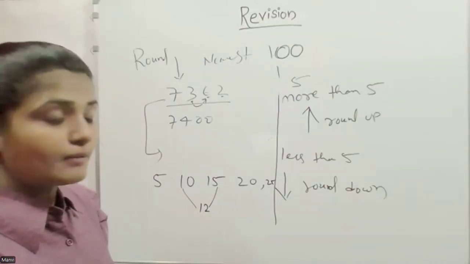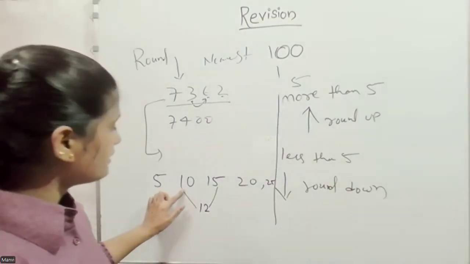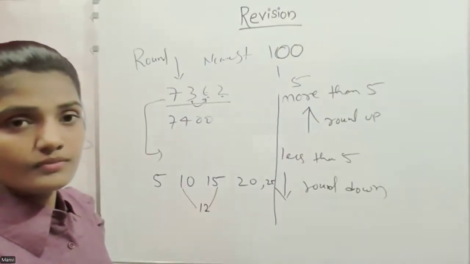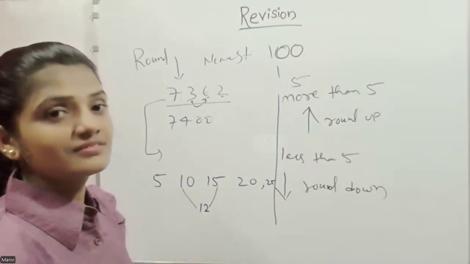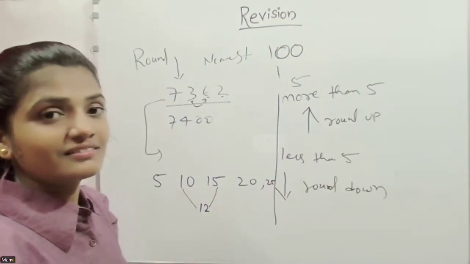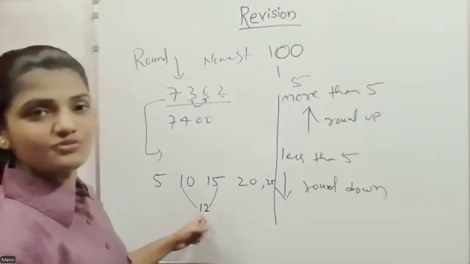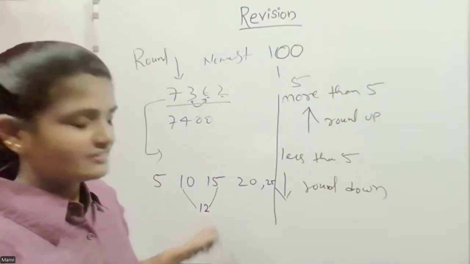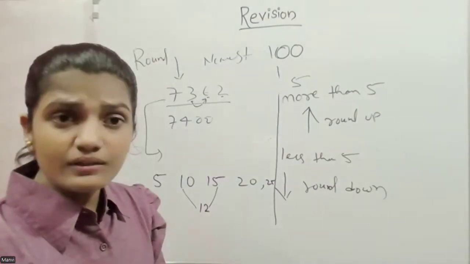What you need to think about is how much closer it is to 10 and how much closer it is to 15. For 10 it is take away 2, and for 15 it is take away 3. So we always work on 10. So if you round this number to the nearest 5, the answer will be 10.